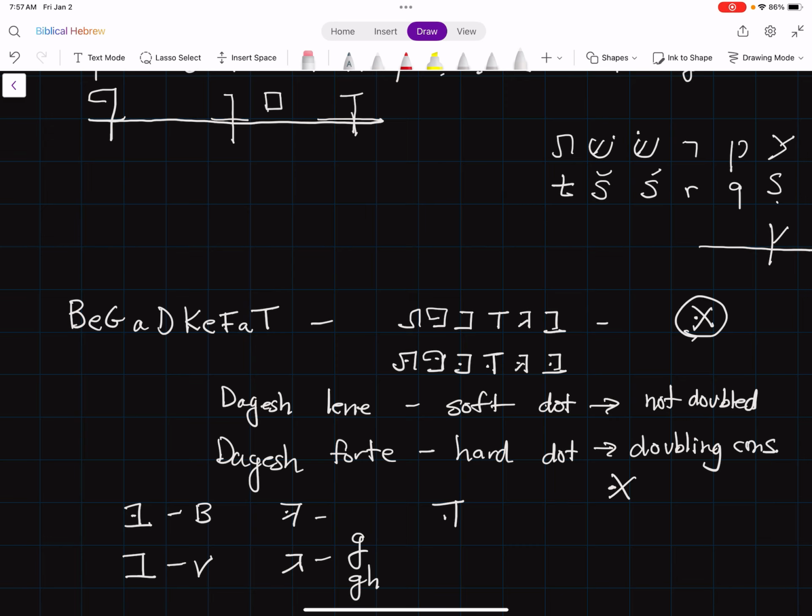Same thing with Dalet. In modern Hebrew, it does not differentiate. But in ancient Hebrew, the reconstructed scientific pronunciation, potentially there was a DH sound for the Dalet without the Dagesh. Kaf in modern Hebrew with the Dagesh is a K sound. Without the Dagesh it is a KH sound, Cha.